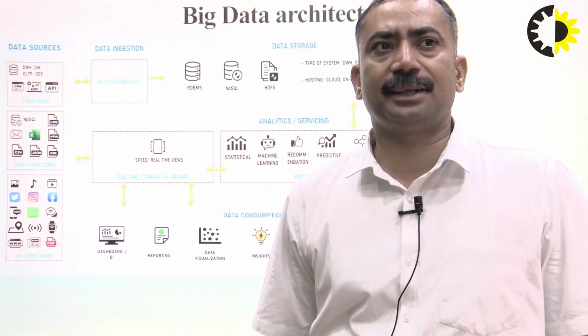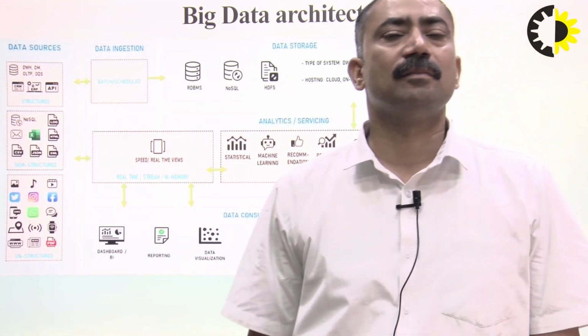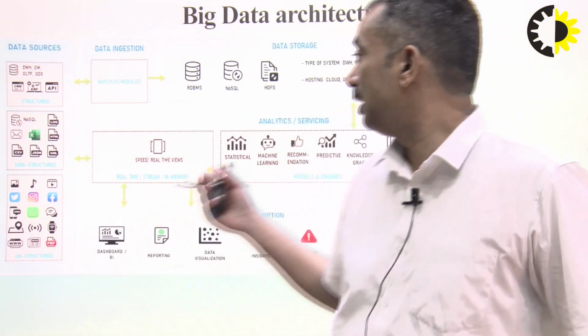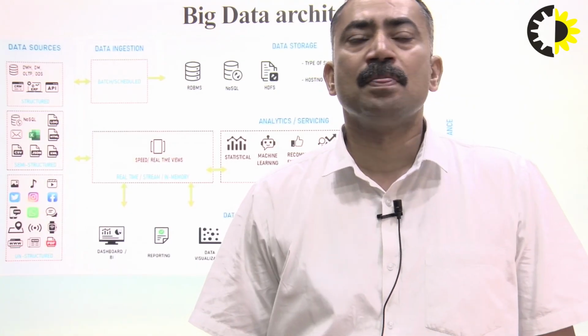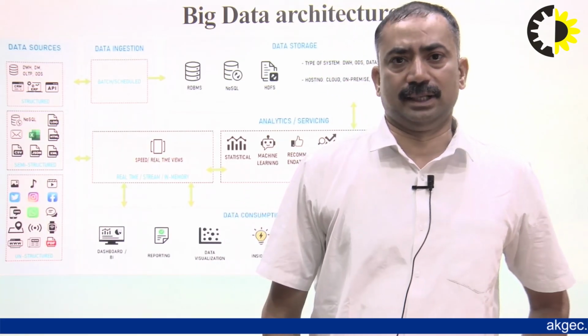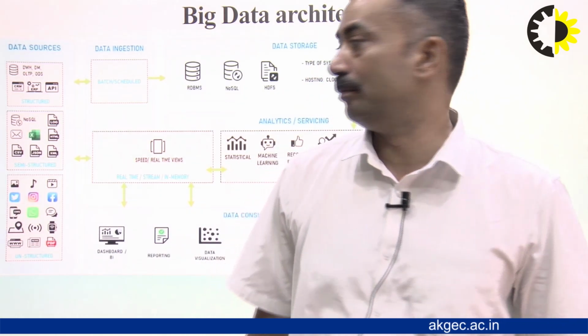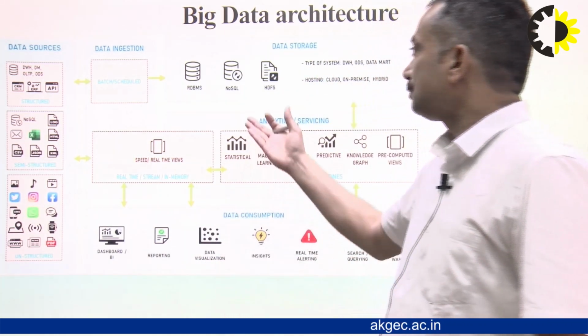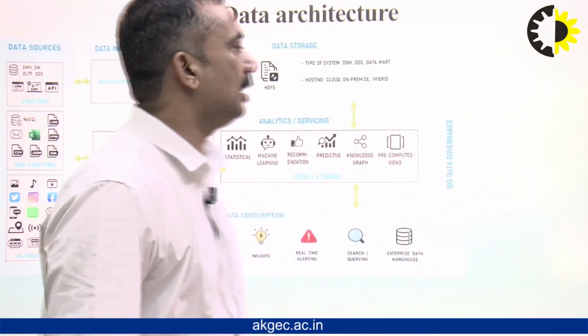We have these four main components of big data architecture layers. First is data ingestion, second is data processing, then we have data storage, and then we have data visualization.